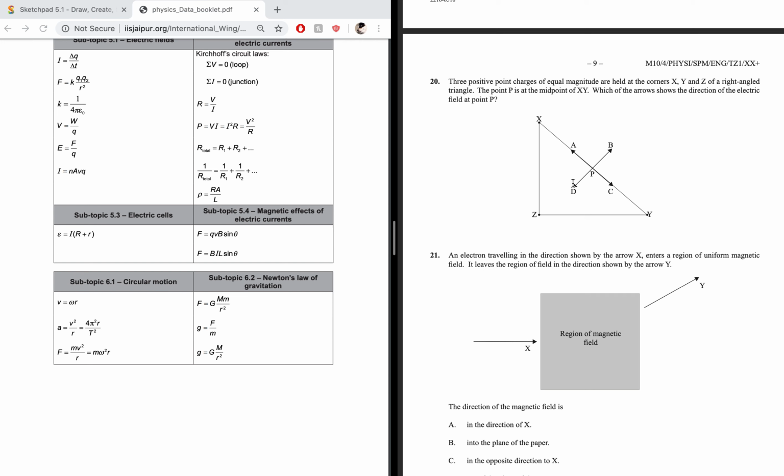So the only charge we have left is Z, and that would repel a test charge in the direction of B. So the direction of the electric field at point P would be in the direction of B.